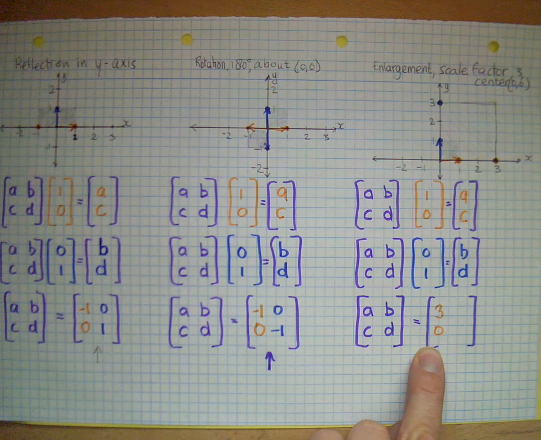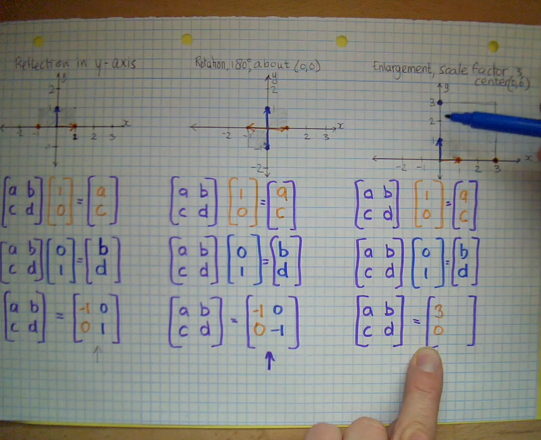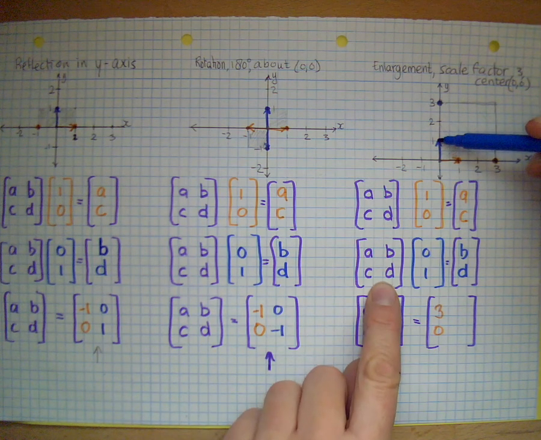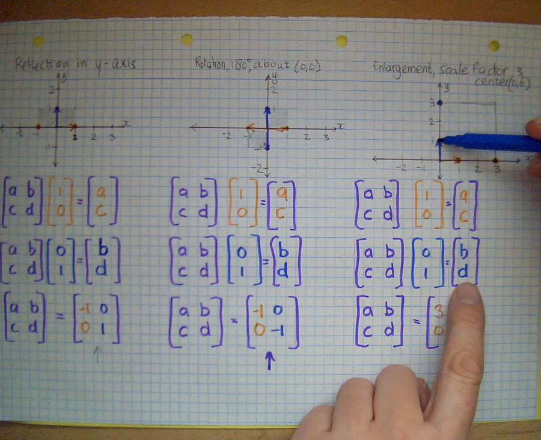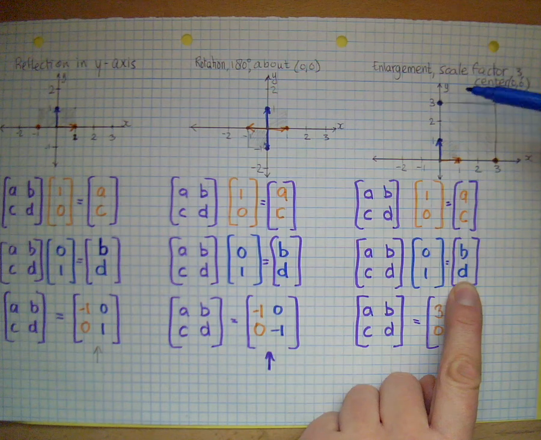Yes. What happened to our blue point? Our blue point 0, 1. When it was multiplied by the transformation matrix, it gave us a result of this vector, which is 0, 3.